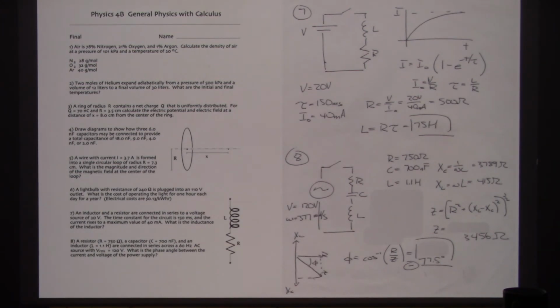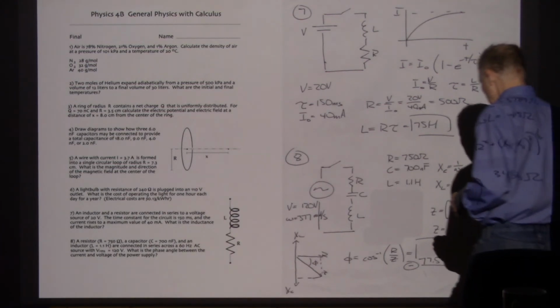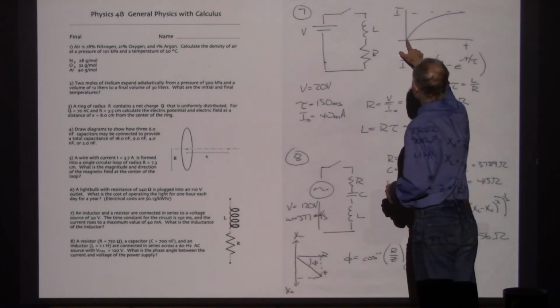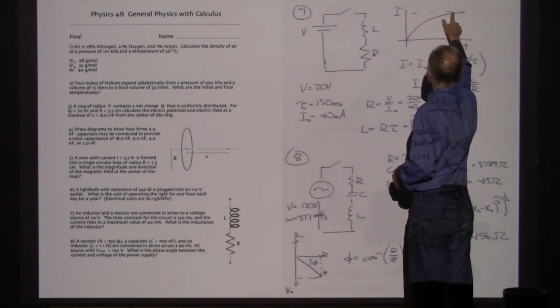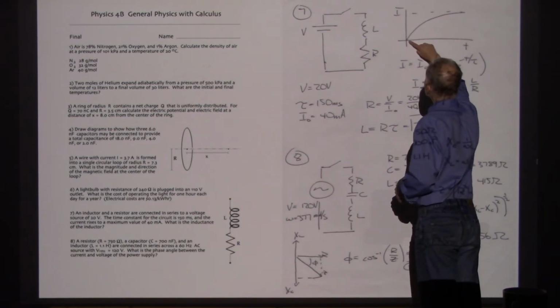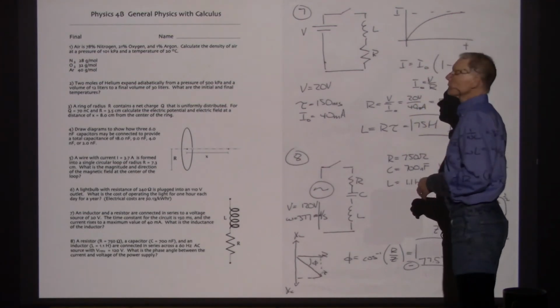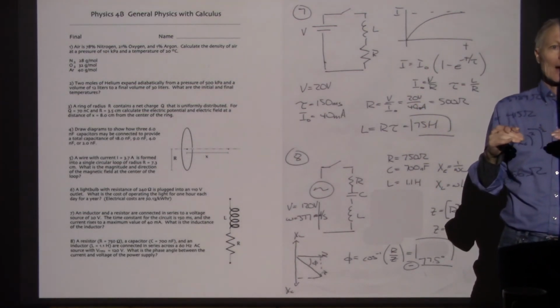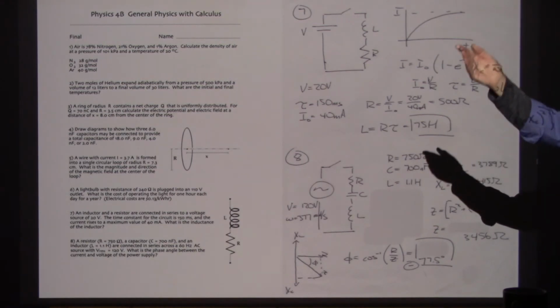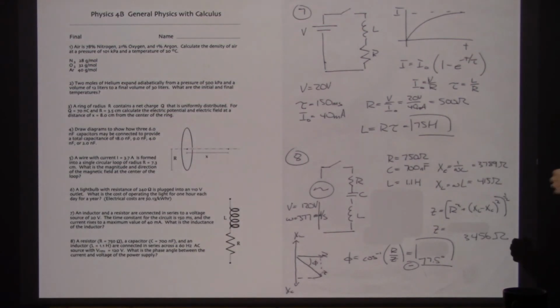The only thing the inductor is doing here is preventing the current from immediately jumping to that final value. Instead, the inductance within that circuit moderates the effect. It slows the process down to where there's some rate at which this is happening.